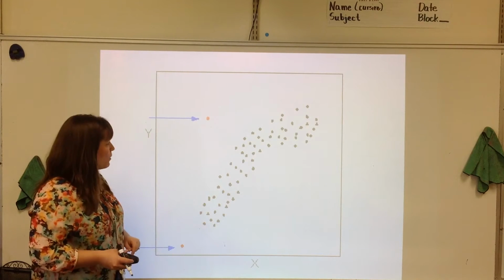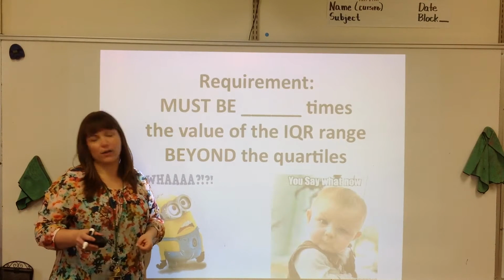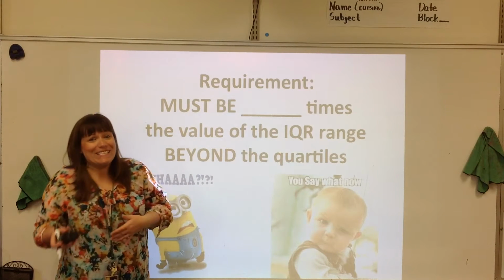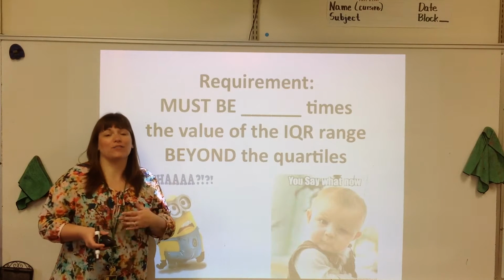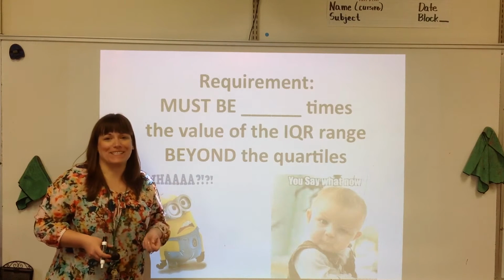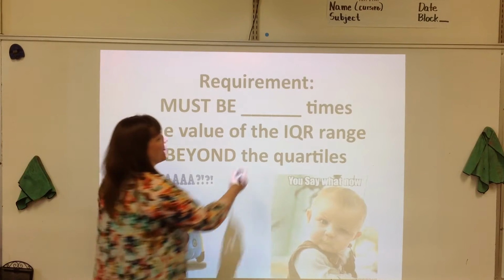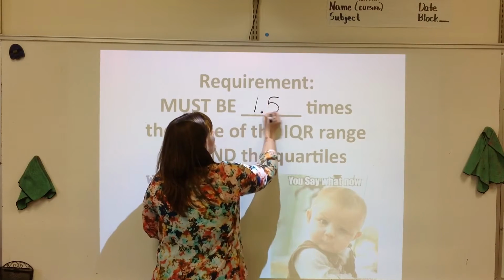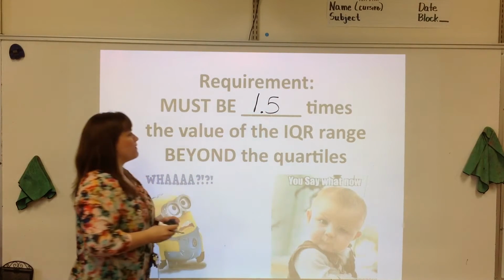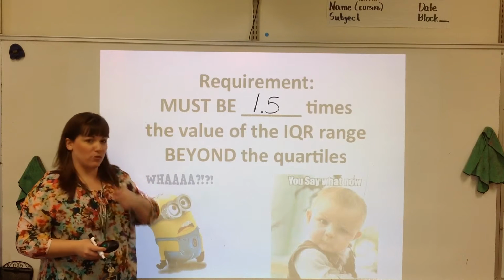Those are also outliers. And there is a requirement for whether it is an outlier or whether it is not. And that is that it must be 1.5 times the value of the IQR range beyond the quartiles.